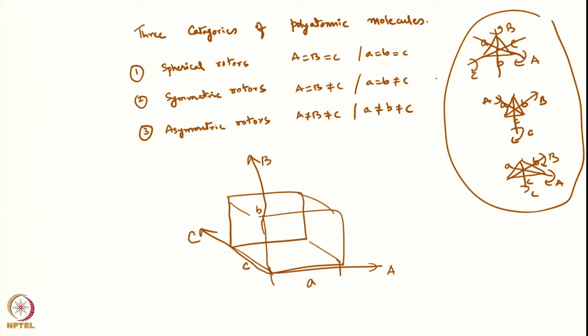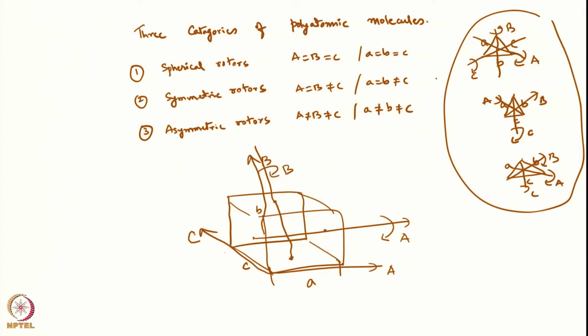Now simply A axis does not mean it is like this, but rotation along this axis is A. Similarly, if I want to rotate along this axis, that is my B axis. And the C axis will be perpendicular to A and B.